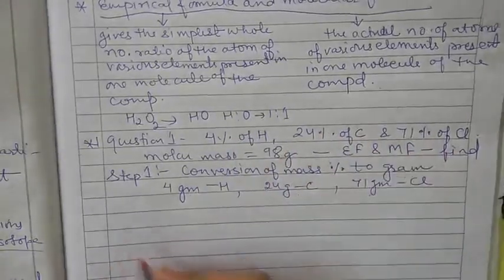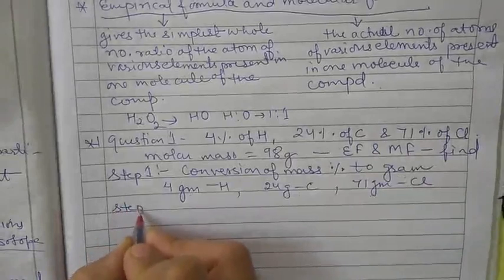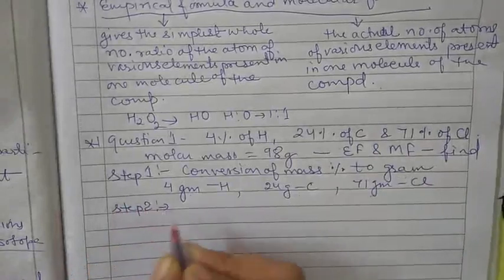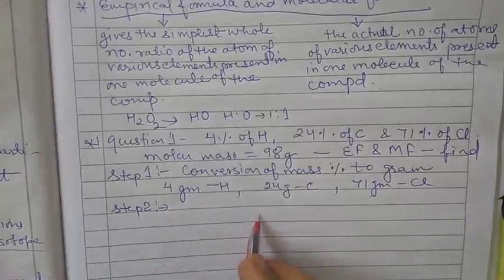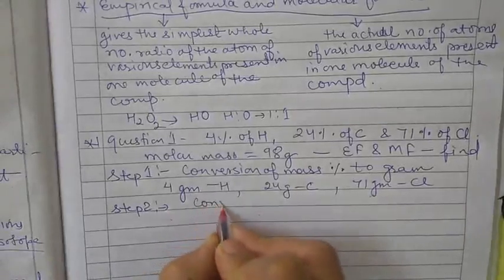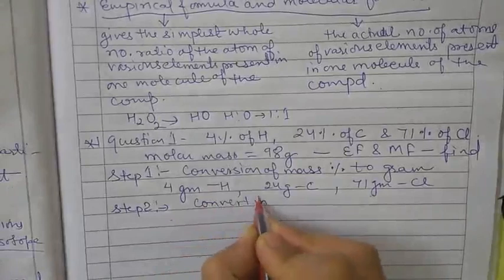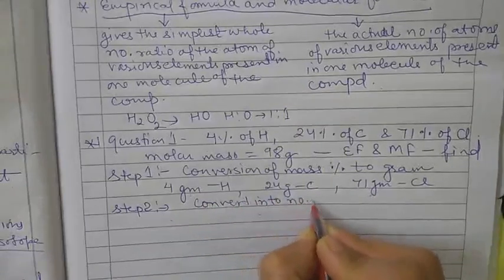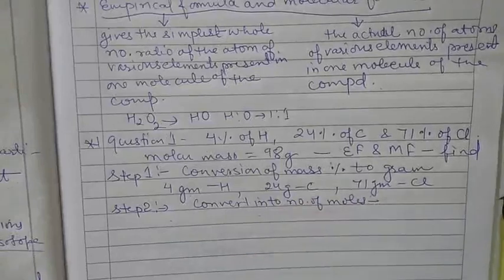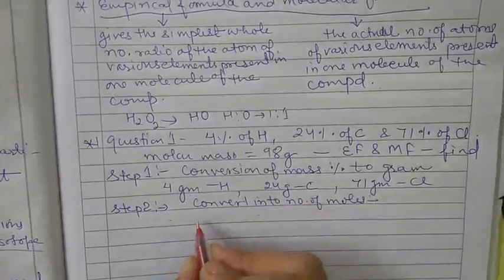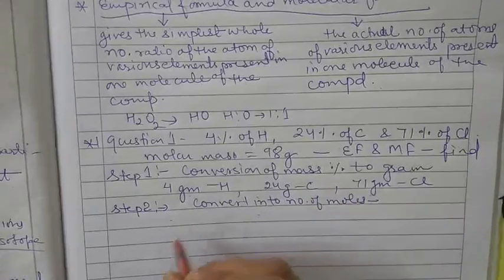Now step 2. So what happens in step 2? Convert into number of moles.